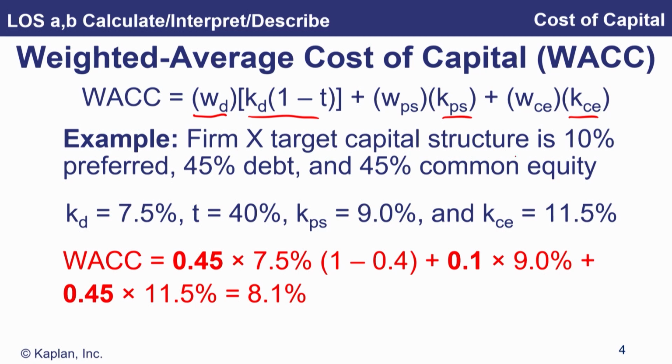Its target capital structure is 10% preferred stock, 45% debt, and 45% common equity. So, calculate our weighted average cost of capital. Well, it's just plug and chug here, and we get 8.1%. And so we've got to discuss these weights in a little more detail.